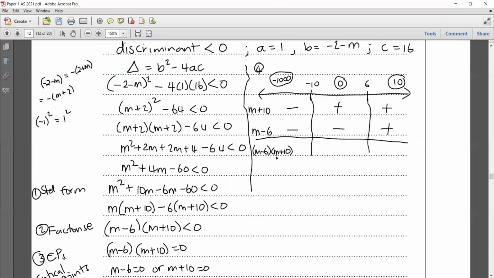They are multiplying. So I can say this one times that one, that will give me this. So I should do the same thing to their signs. So the first column here, I say negative times negative, that gives me a positive. And then the second column, I have negative times positive, that gives me negative. And then here I have positive times positive, that gives me a positive. Okay, so that's what I have.